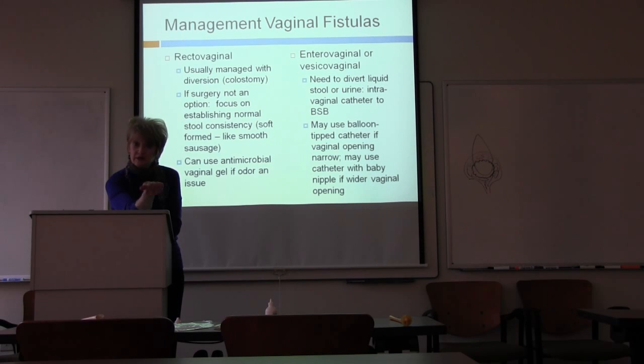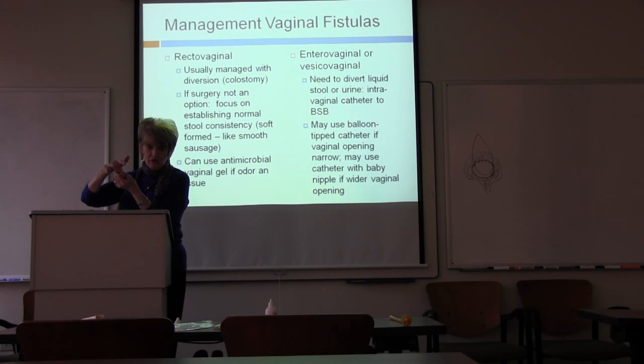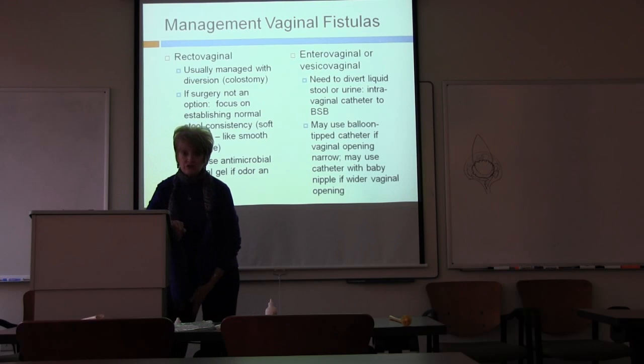Then you can go downstairs or you can go to your central supply and you can get the largest balloon tip catheter you have. And you can literally insert that balloon tip catheter into the vagina and inflate the balloon. And what will happen is the balloon will occlude the vaginal opening and the stool or urine will track through the catheter, and then you can connect the catheter to a leg bag.